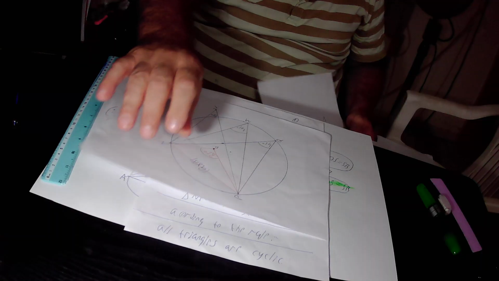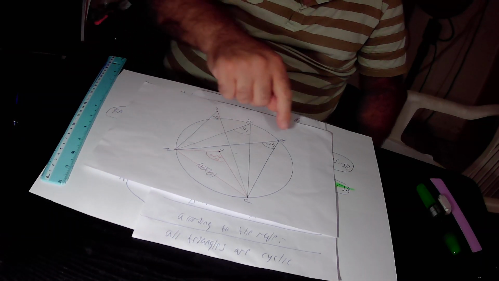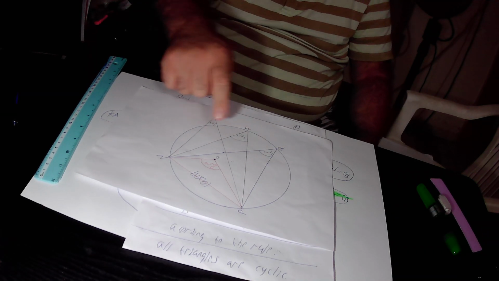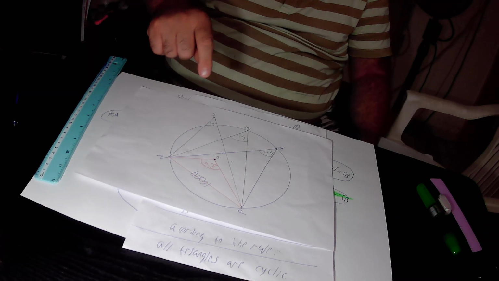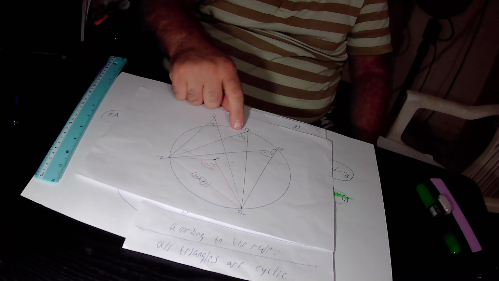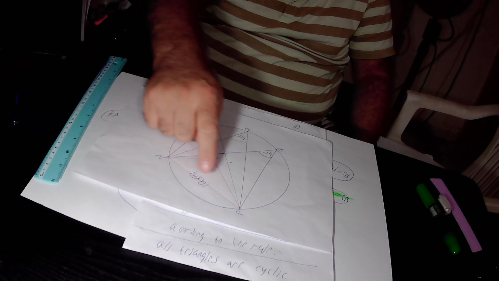Here we have angle NQP, which equals 45 degrees and subtends on chord NP. Likewise, we also have angle NMP. This also equals 45 degrees in its size and subtends on the same chord NP.